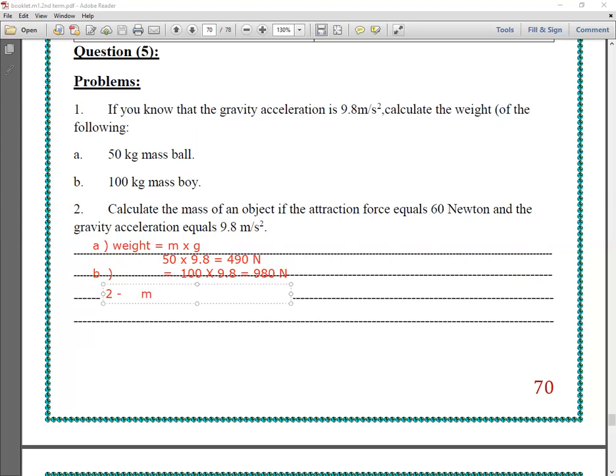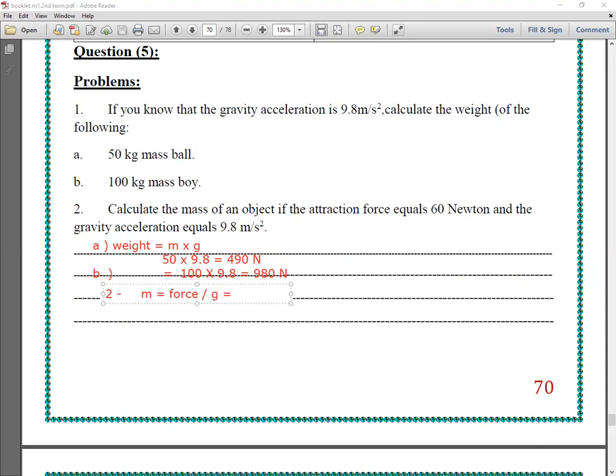Mass equals weight or attraction force divided by gravity.